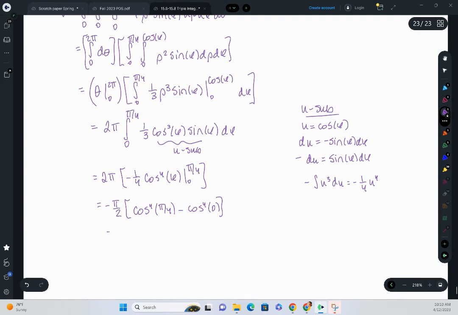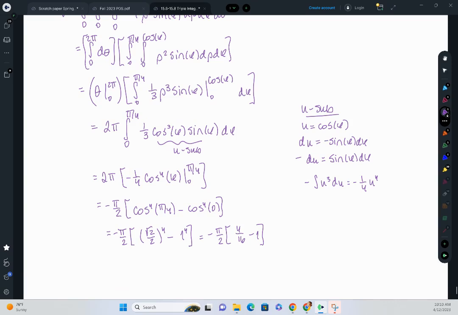Cosine at pi over 4 is root 2 over 2, so this is negative pi halves times root 2 over 2 to the fourth minus cosine of 0 is 1, and 1 to the fourth is just 1. That root 2 over 2 to the fourth power ends up giving me 4 over 16. So I have negative pi halves times 4 over 16 minus 1. That's going to give me a negative 3/4. So negative pi halves times a negative 3/4 is equal to a positive 3 pi over 8.